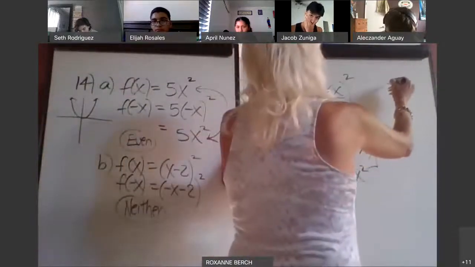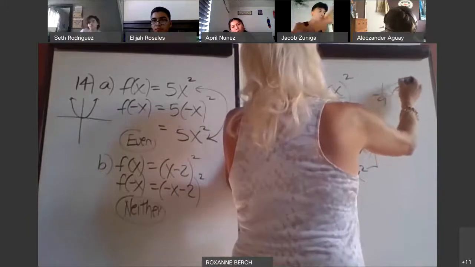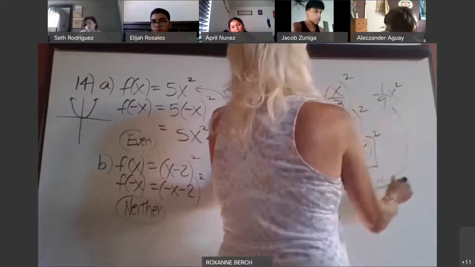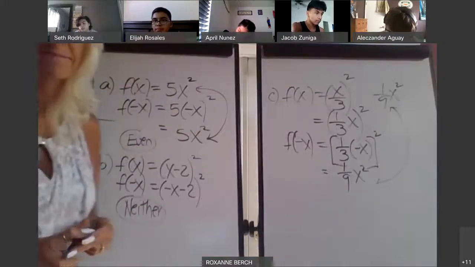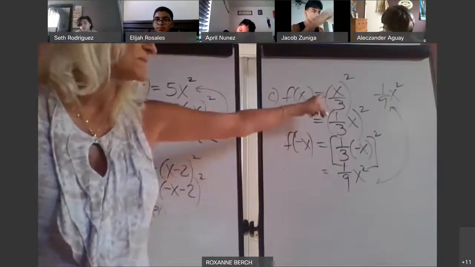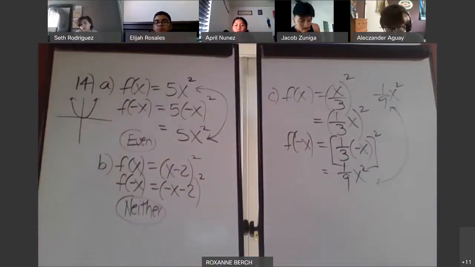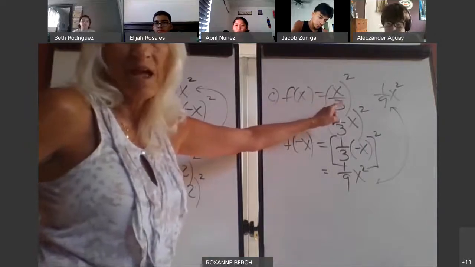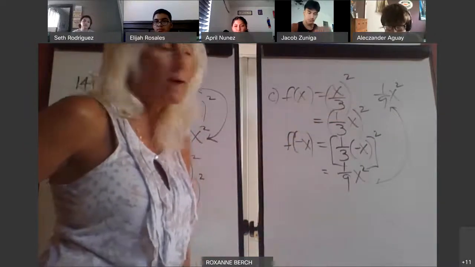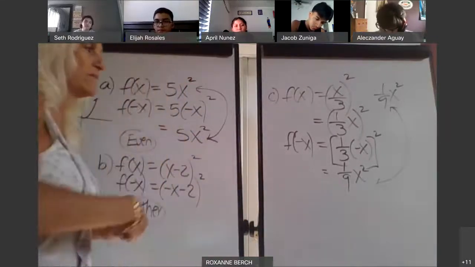Isn't this 1/9 x squared? Are they the same? Isn't this x squared over 9? And isn't x squared over 9 1/9 x squared? This is even.